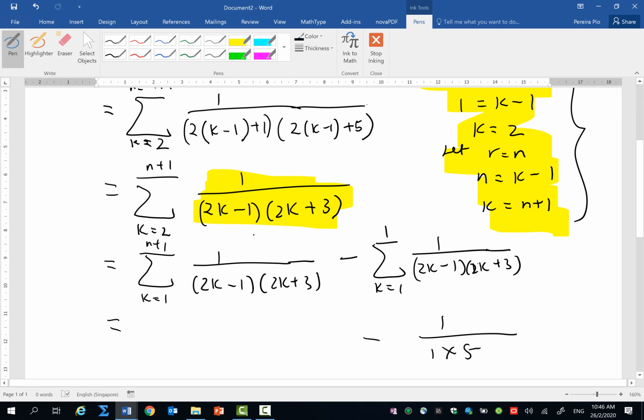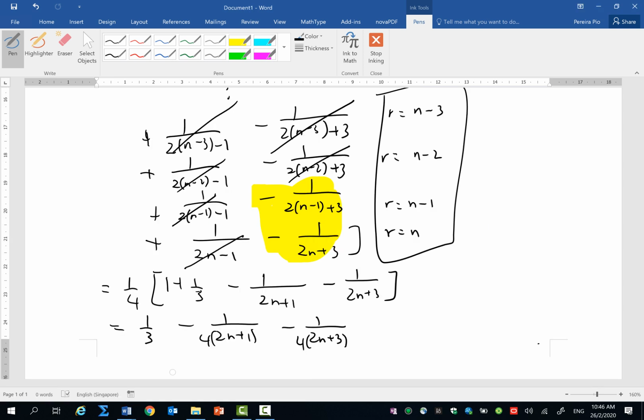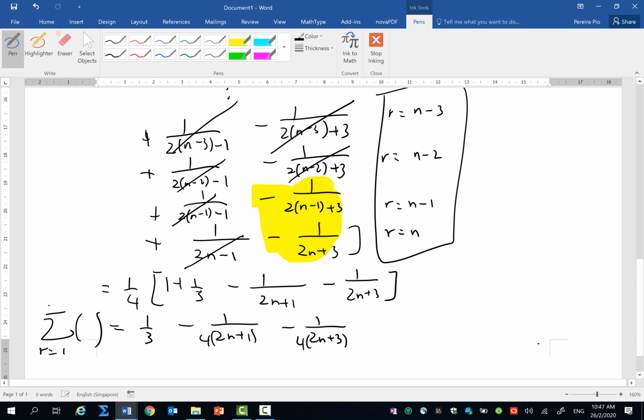Now, my sum here, let me go back and write this out. r equals 1 to n. Notice it stopped at the n term.